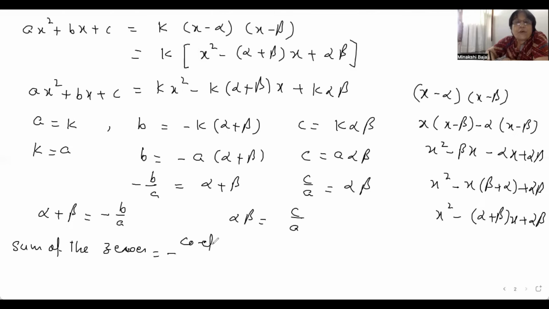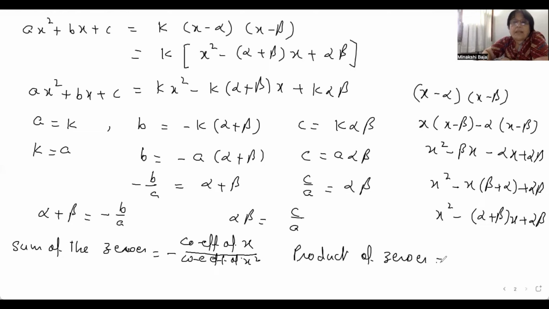So minus coefficient of x upon coefficient of x square. Similarly, alpha beta means product of zeros is equal to c, the constant term, upon a, the coefficient of x square.